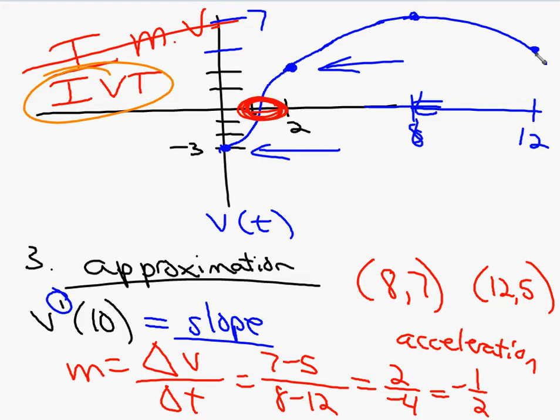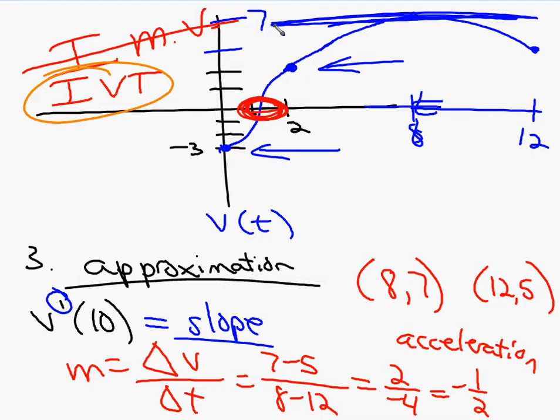Now, acceleration is the derivative of velocity. So it looks to me like if I were to look at the slope, there has to be a place where the slope was 0. And guess what? That is still using the intermediate value theorem. There had to be a place, just like what we said before, where if the velocity changes from positive to negative, I know that a particle's at rest.